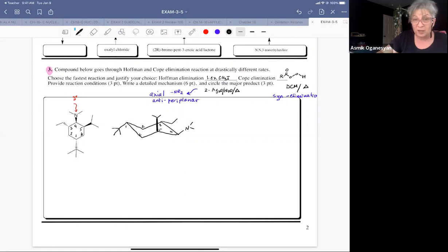We can see that out of 4 substituents, 3 are equatorial. And by just evaluation of my stable conformer, which reaction will go faster?